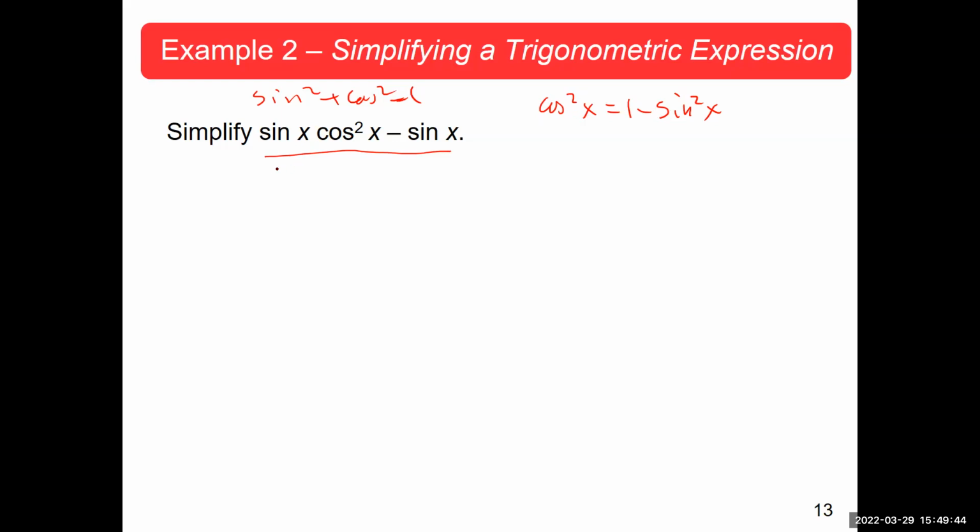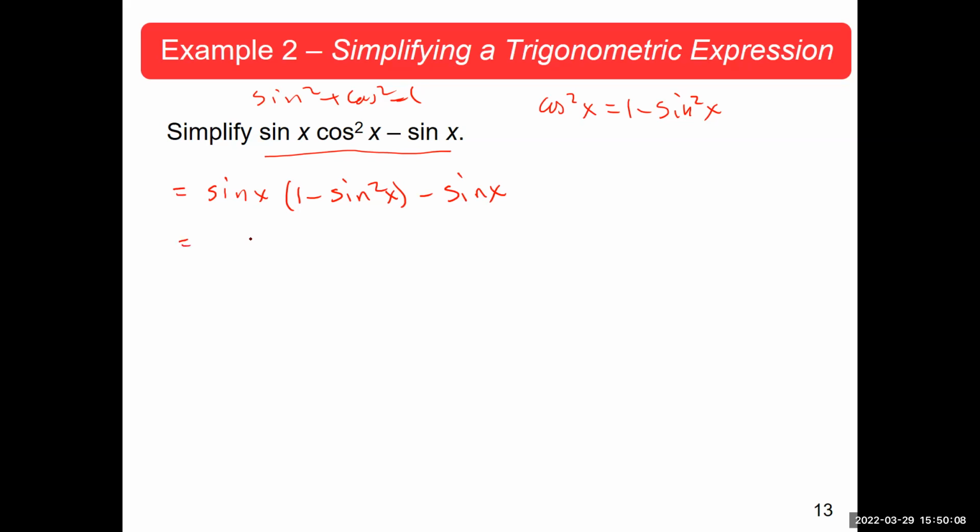So let's plug in: sine x multiplied by 1 minus sine square of x, minus sine of x equal. Just replace the cosine square.